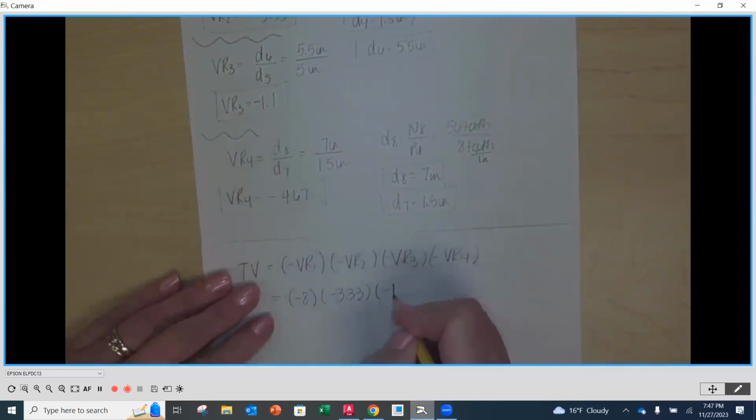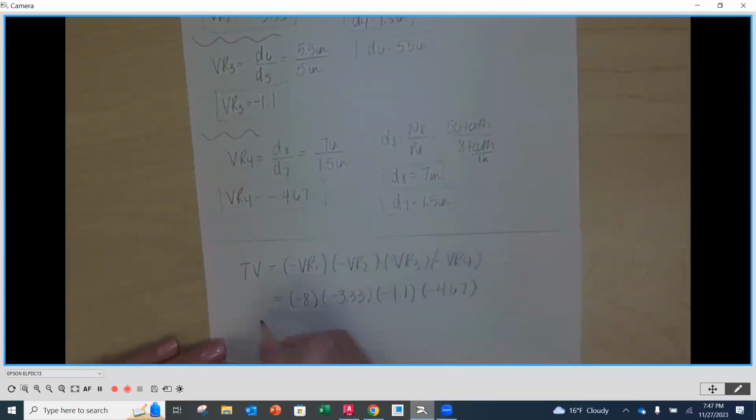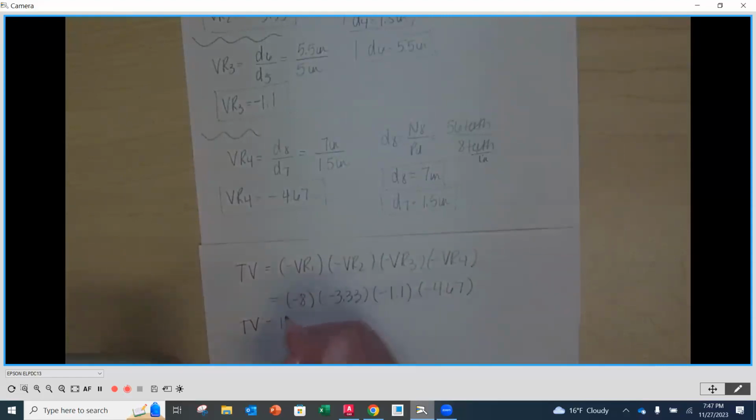Negative as well, -1.1 for the third one, and -4.67 for the last one. So our overall train value, multiply it together, is 136.85.